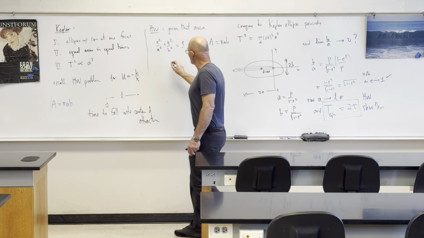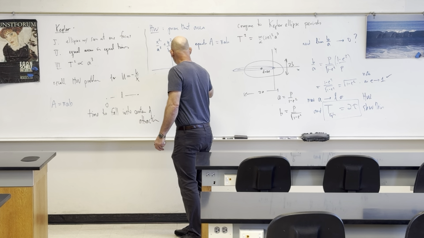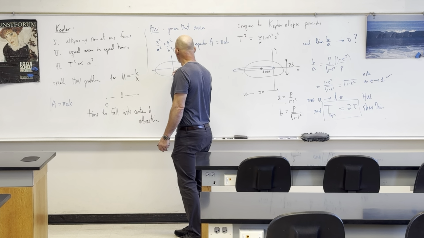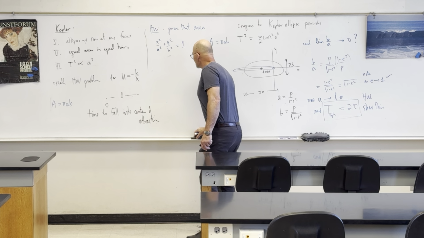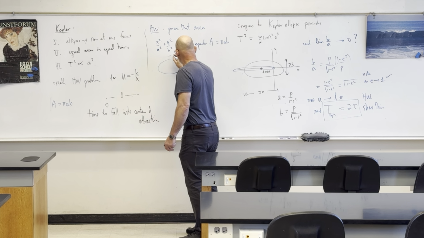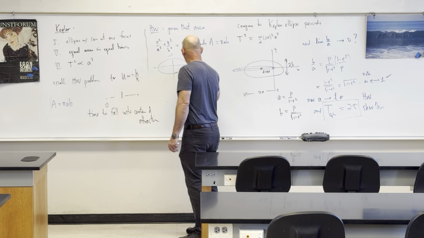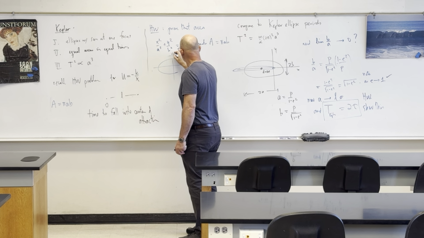And what you do here, you've got your ellipse. This time it's centered on the origin. Don't worry about that. That's just the natural way to look at it. Okay, I'll draw your ellipse first. Okay, so good. We've got a and b.